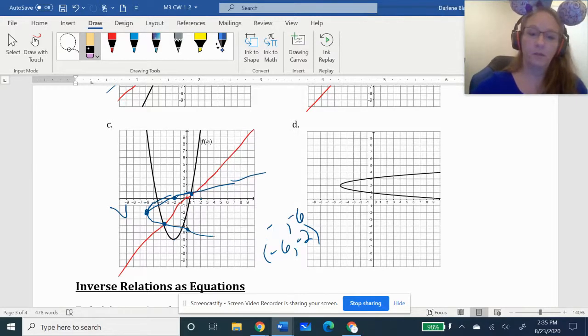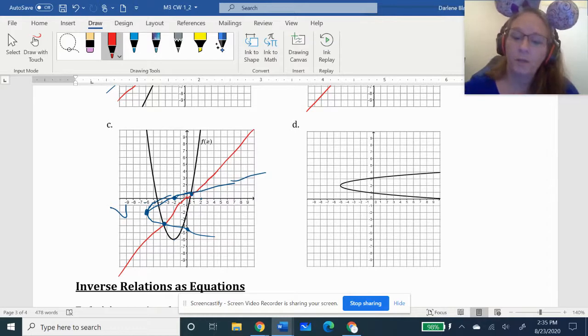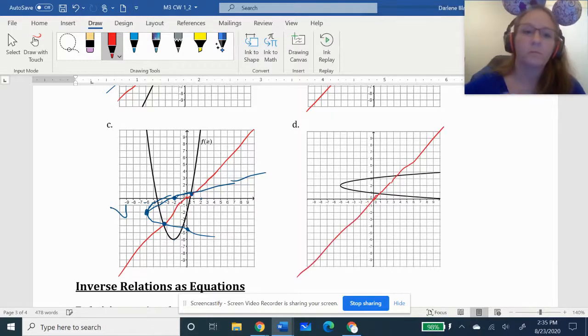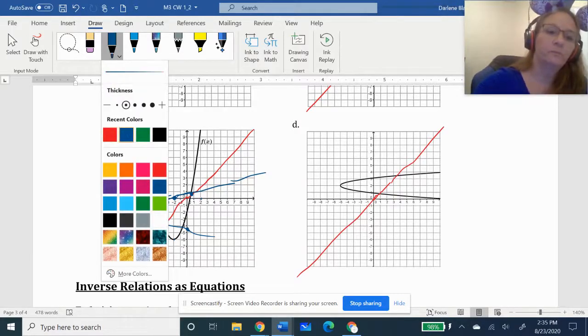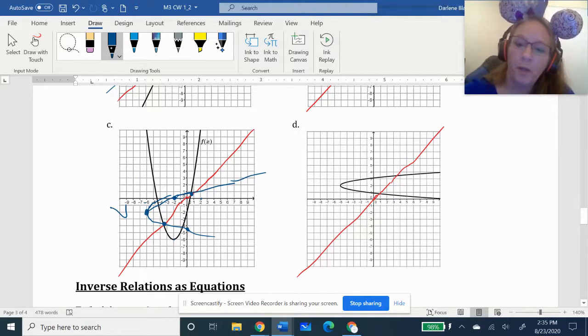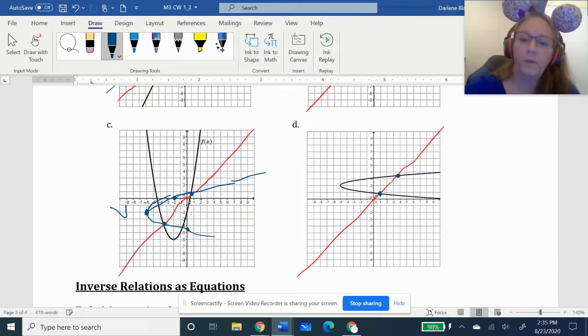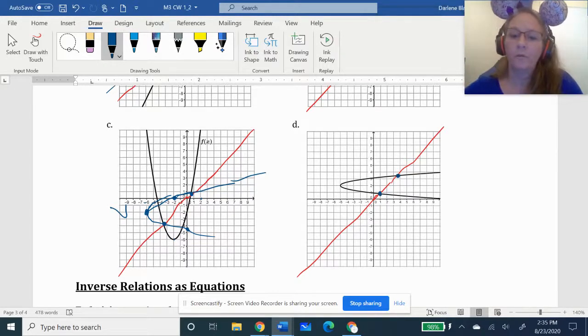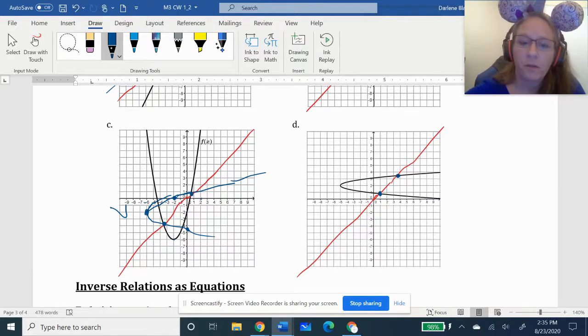Let me get rid of this excess. Start by drawing the line y equals x. Then, anywhere y equals x crosses this parabola, those are points that are shared with the inverse graph. I see a vertex.